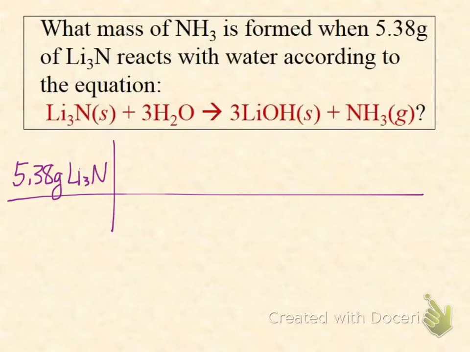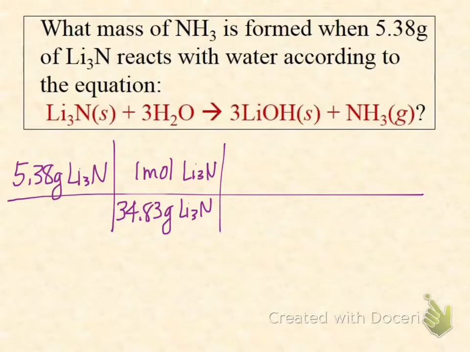Divide by the molar mass, 34.83 grams per 1 mole. And then I need the mole ratio. This is an easy one. It's 1 to 1. When it's 1 to 1, you still need to write 1 to 1. Don't ever just assume they know that. Always write it.